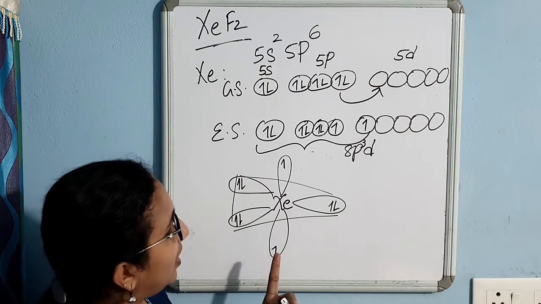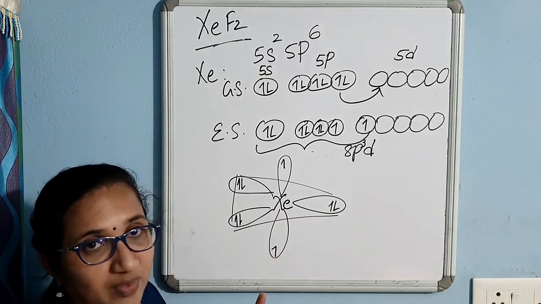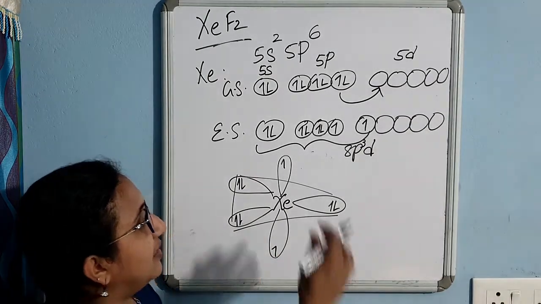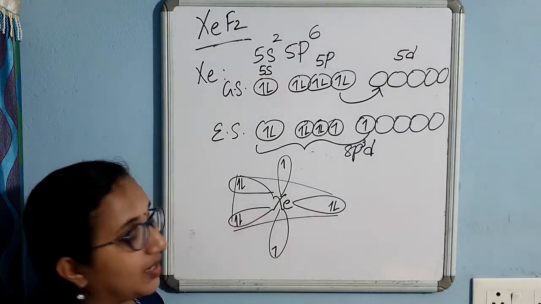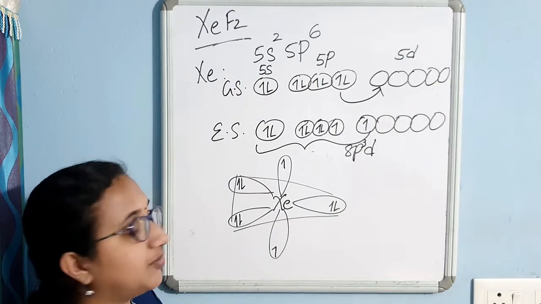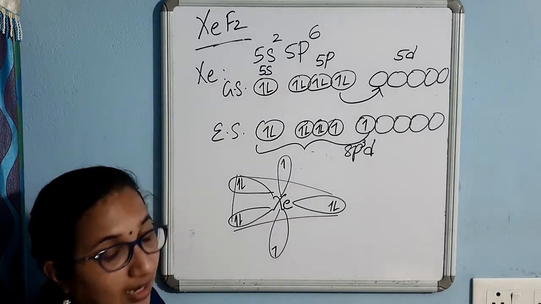Two hybrid orbitals are half-filled, and they occupy the axial positions, while the orbitals in the equatorial positions have the lone pairs.